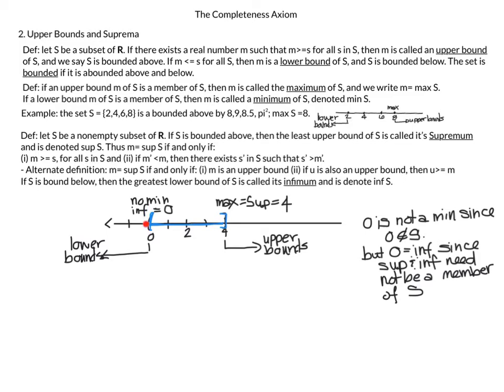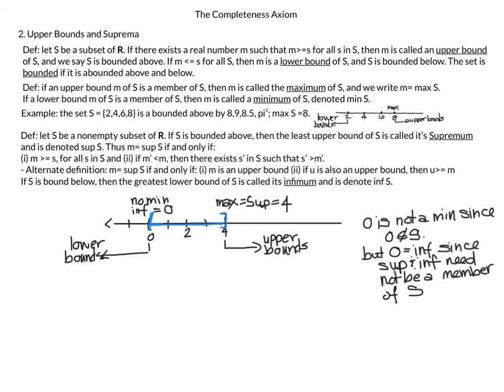Let's say our interval is the open interval at 0 up to and including 4. So there's an infinite number of upper bounds, but the smallest upper bound is equal to 4, and that will be our sup. So here is the idea: infinite number of upper bounds, but the max and the sup are equal to 4. And 4 is also a maximum because 4 is inside the set S.